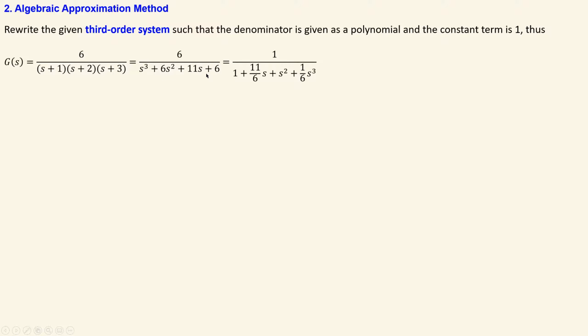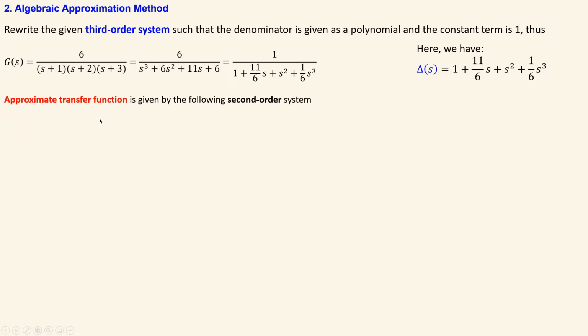You will have a third order polynomial, and you divide it such that you have a constant which is 1. In this case, the 6 must be a 1, so you divide the numerator and denominator by 6. You will have this expression, and that is now also your delta s polynomial we will use later on. So this is the expression.